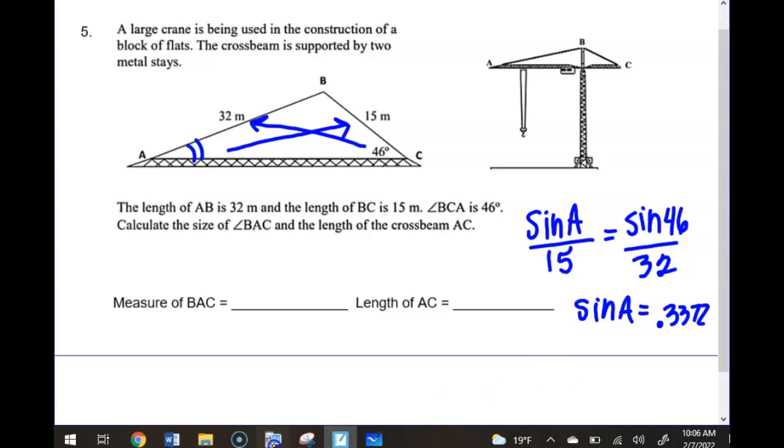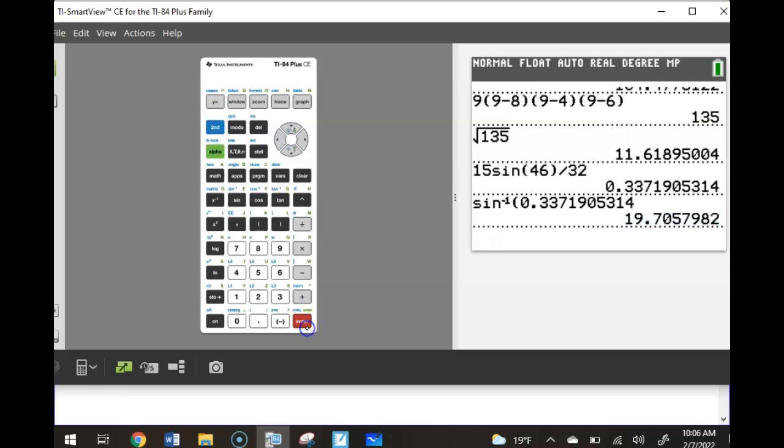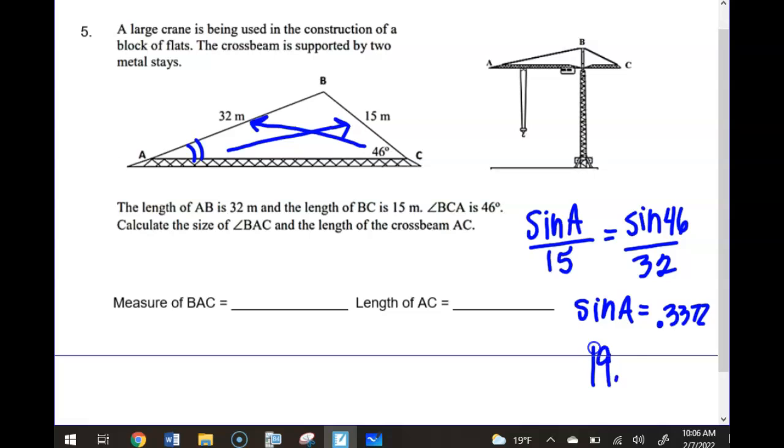You remember this kind? So you have to undo the sine, so you're going to do inverse sine of that number. And I got 19.7. When you do law of sines and you find an angle, 180 minus that angle is also a possibility.